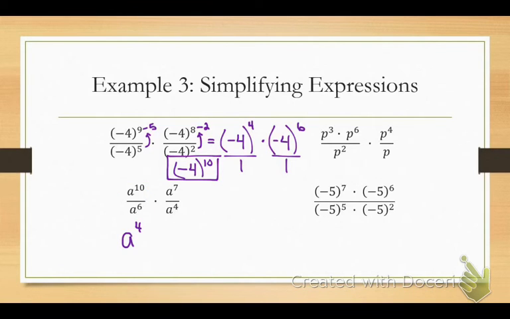A to the 4th power, and technically it's over 1 because all my powers of a are in the top now. All right, times, what would you get if you simplified your second fraction? What do you think, Macy? A3. Yep, a to the power of 3 over 1 now. All my powers of a are in the top. And Malia, what would be my answer? A to the power of 7.